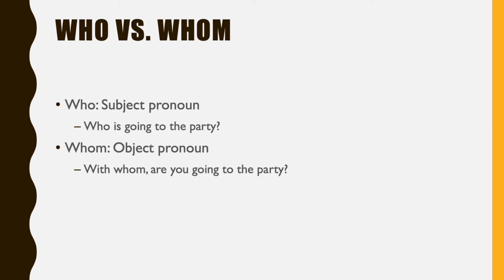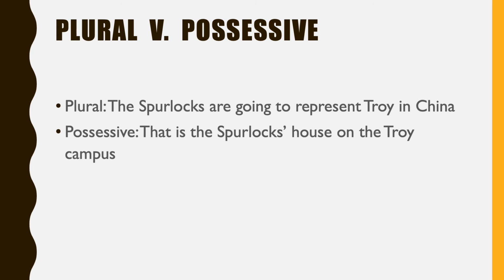Typically, if you're using whom, there's another noun or subject inside of the sentence. Plural versus possessive. You'll see a full explanation of this with these examples in your next lecture, so make sure that you understand. But this is just a little review. Plural is multiple. Possessive shows ownership.